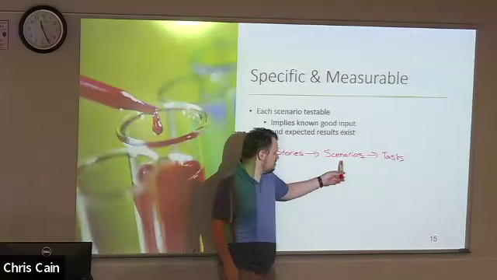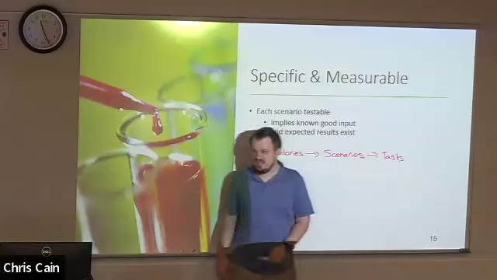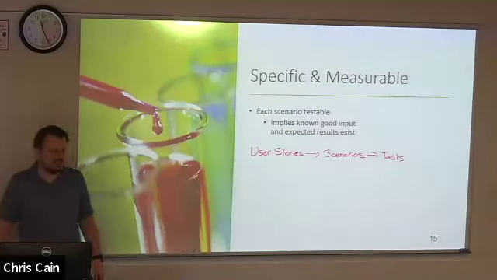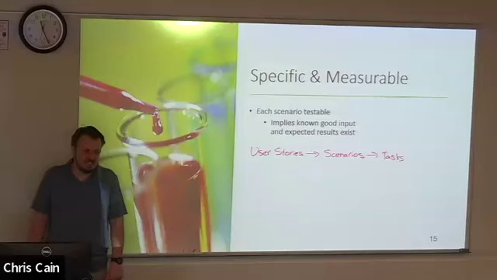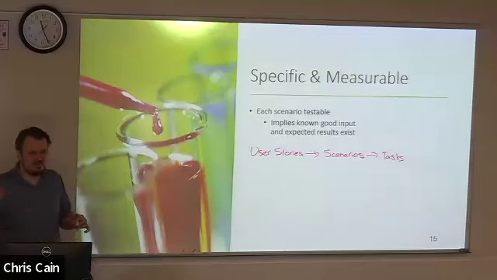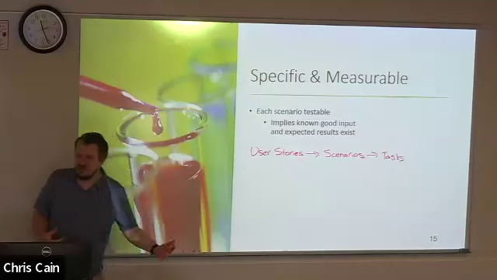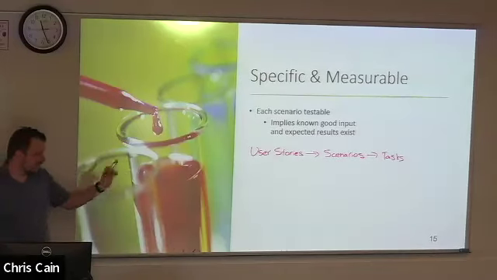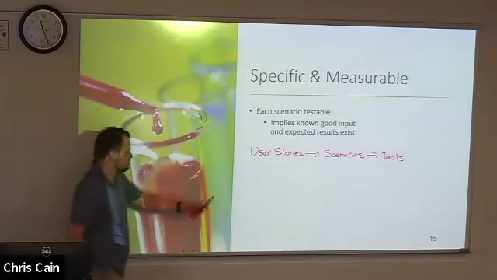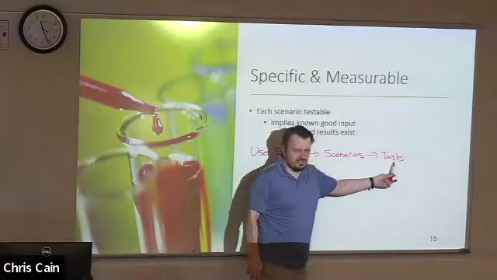And then we break those down into tasks, and this is what goes in your GitHub issue board. You're going to create these tasks and assign them to developers, or developers are going to come pull tasks from the active task list and begin working on those. You're going to assign yourself or assign someone else to particular tasks that need to be implemented. So this is how we go from the general to the technical and specific.